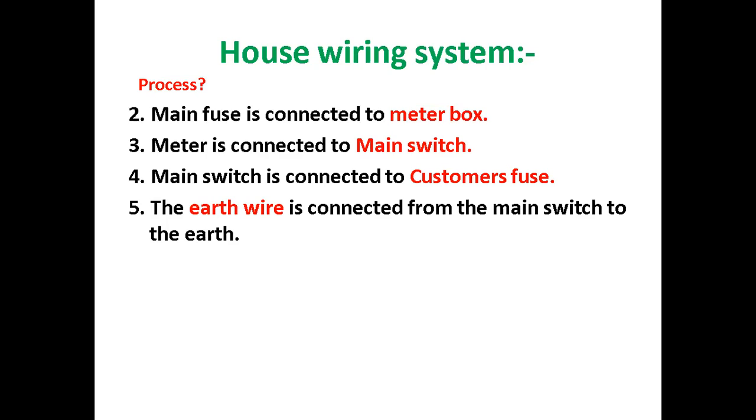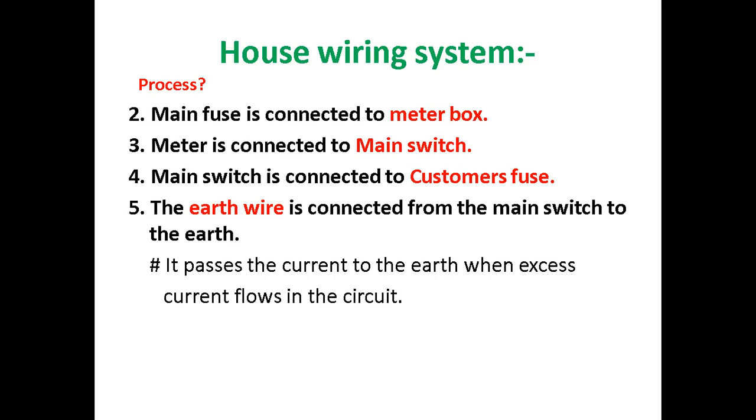This earthing protects the house wiring system from a probable thunderstorm or high voltage current supply in the house. That is called the earth wire. This is the third, and it is also called earthing.